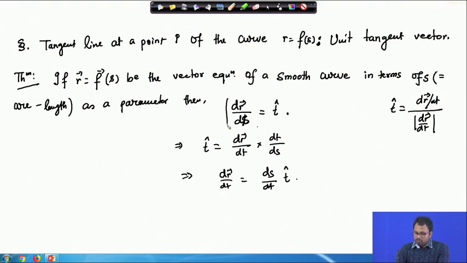This is a very nice result to remember: the differentiation of the curve with respect to the arc length is the unit tangent vector.